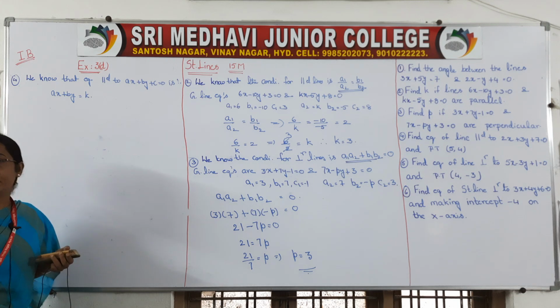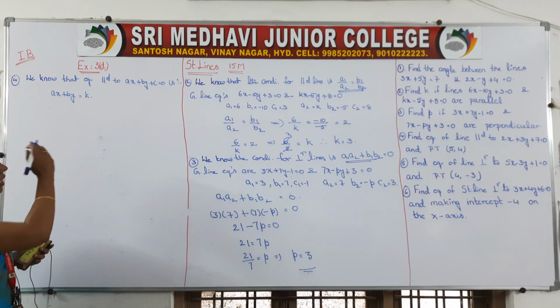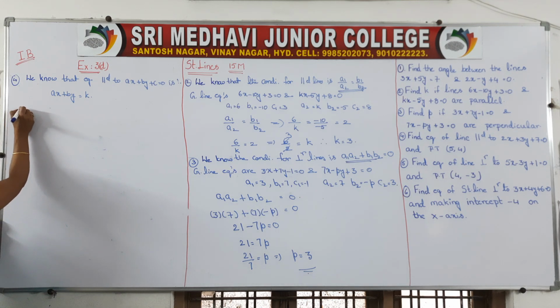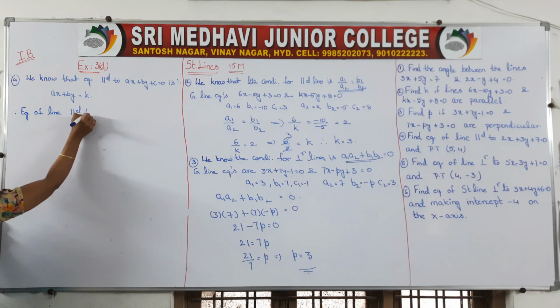That means if we take two parallel lines, x coefficient and y coefficient will be same, only the constant will be different. So we have to find the equation of the line parallel to which line?